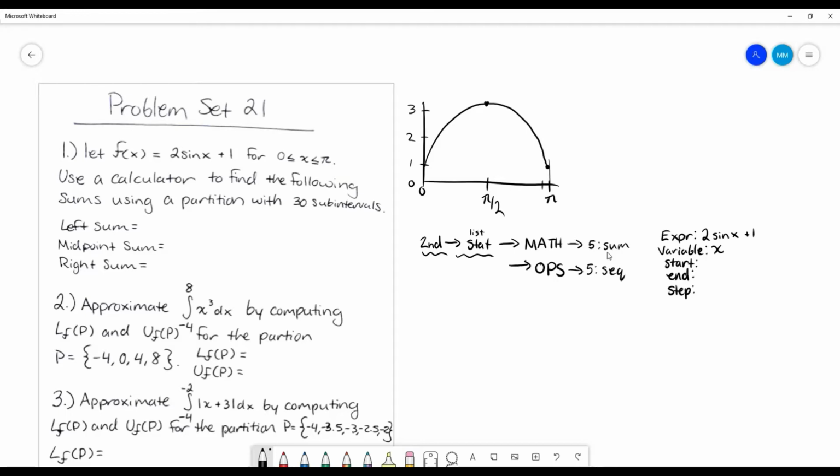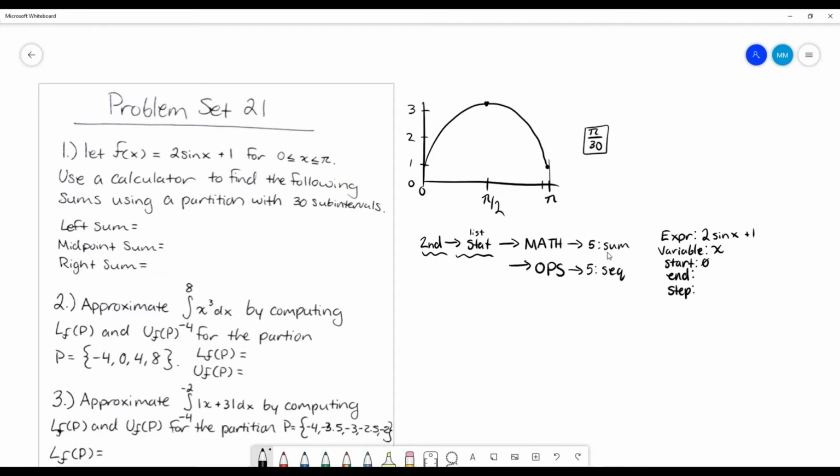And our starting point, since we're doing that left sum first, is going to be all the way at the left, so it's going to be 0. And our end point, like we said, is going to be exactly that 30th right before that pi. So if we're going from 0 to pi, splitting that into 30 subintervals is going to mean intervals of this size, right?